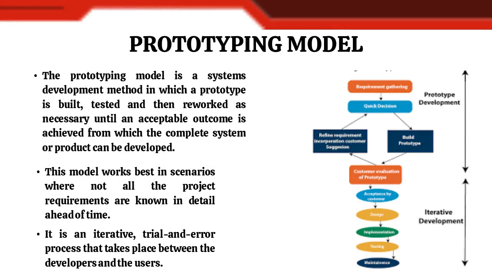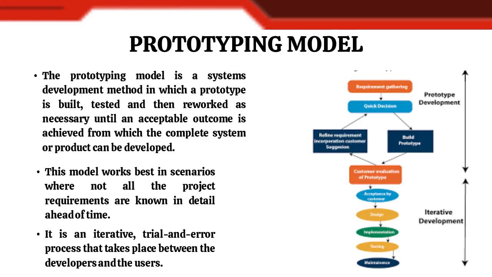The prototyping model is a software development approach where a prototype is built, tested and refined until an acceptable outcome is achieved. From this prototype, the complete system or product is developed. This model is especially useful when not all project requirements are known in detail at the start.